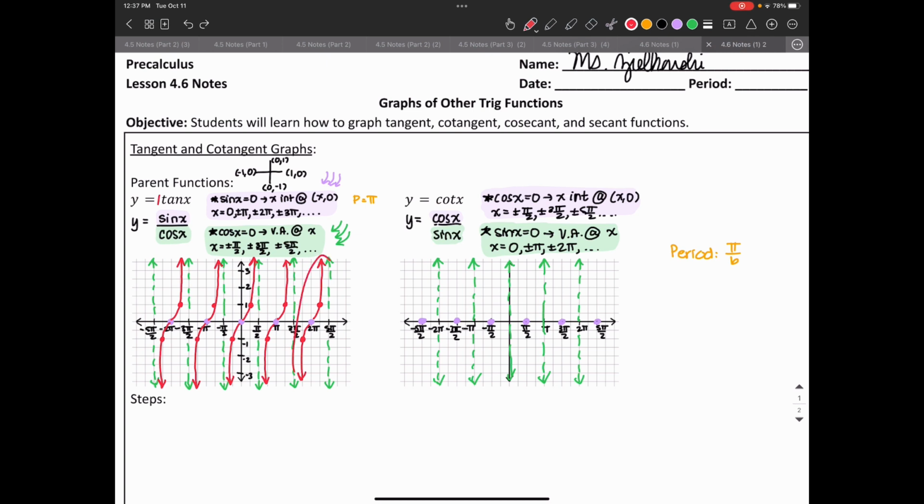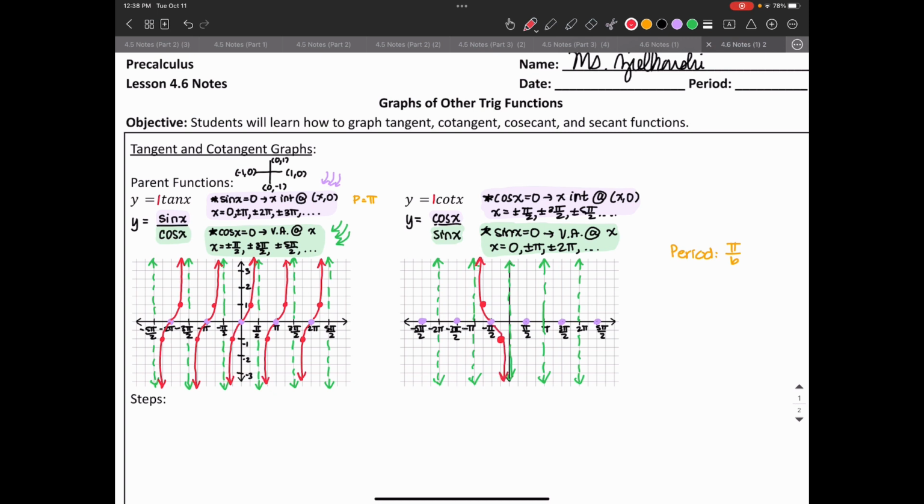So tangent went upwards as I went left to right. Cotangent goes downwards. Still, it has the same amplitude of 1, so in between the x-intercept and the vertical asymptote should be a point at the positive amplitude, and in between on the other end, that important point but the negative version.